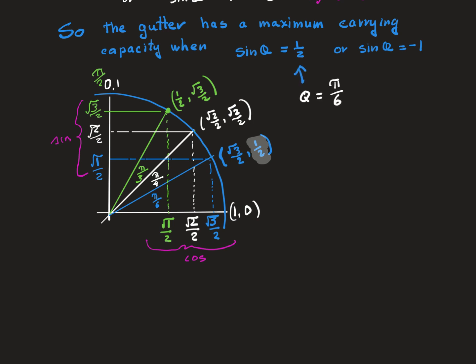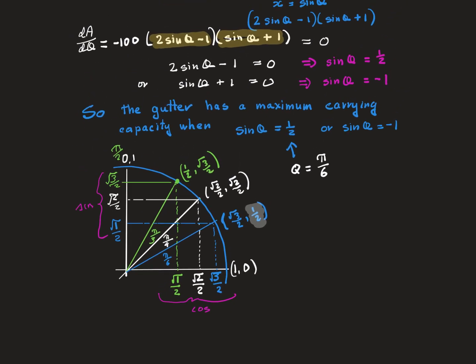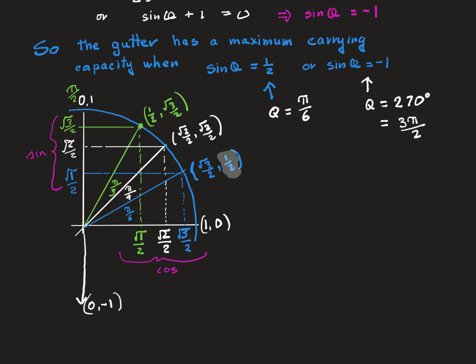Now our gutters can obviously not be more than 90 degrees, which is 3 pi on 2. So the gutter has a maximum carrying capacity only when theta is equal to pi on 6.